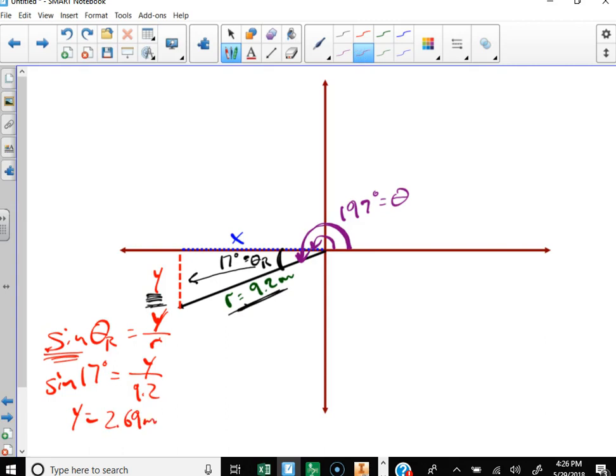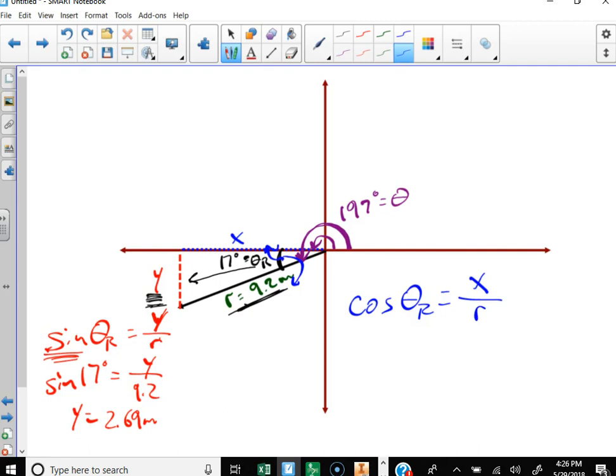And now I'm going to find x. So for x, what trig function are you going to use? Well, if you're using the reference angle, that's the adjacent, and you're going to want to use the hypotenuse here. So that's cosine. And I want you to start associating cosine with x, because many, many times that is going to be the case. There will be a couple of exceptions, but we'll get to those when we get to those.